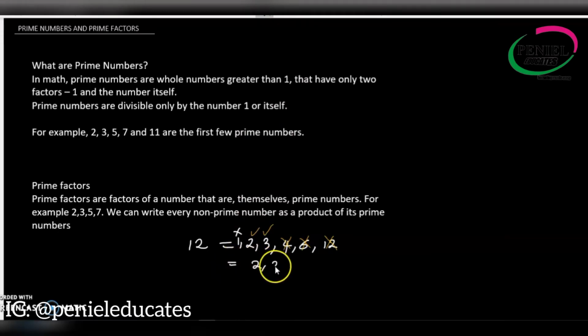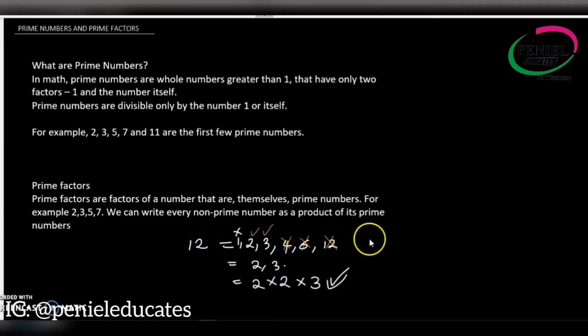So how do we express 12 as a product of its prime numbers? We can have 2 multiplied by 2, that is 4, then multiplied by 3. That will give us 12.